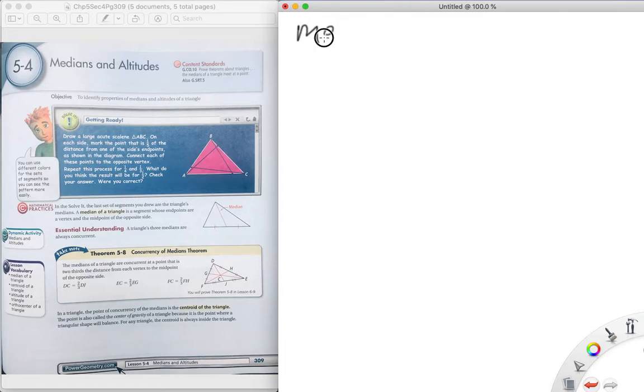So median of a triangle is a segment whose endpoints are the vertex and the midpoint of the opposite sides. So it's a segment. It's inside the triangle.